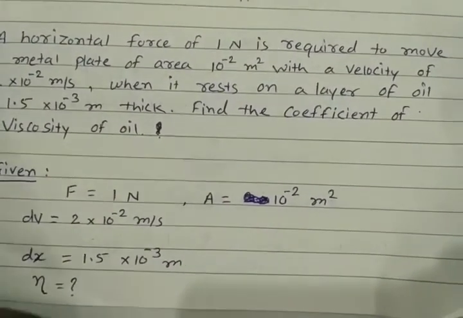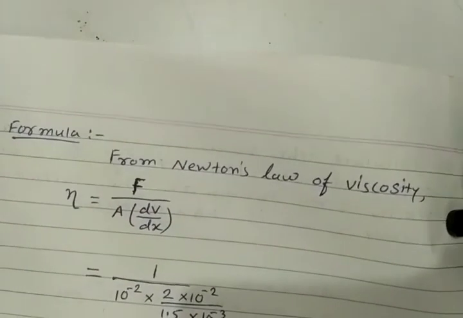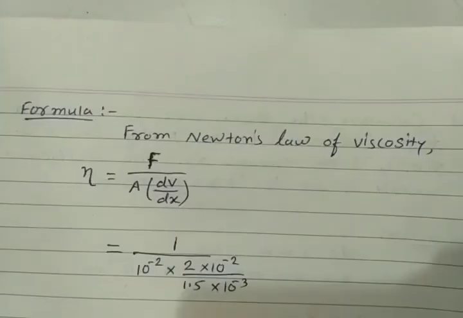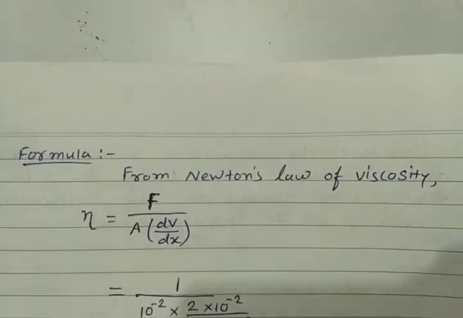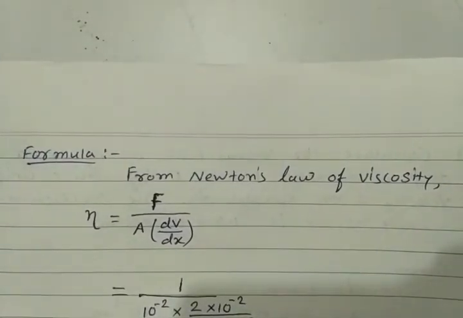Which formula should we use? From Newton's law of viscosity, the formula is eta is equal to F upon A into dV upon dx.